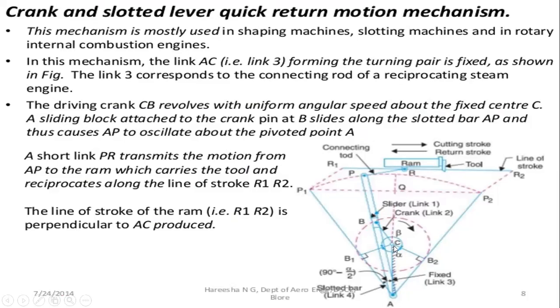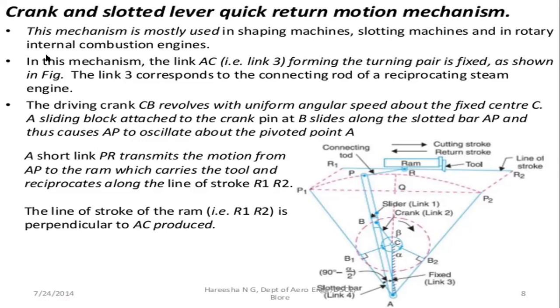So that is attached to the crank, and the link 3 corresponds to the connecting rod of a reciprocating steam engine, and the driving crank CB revolves with uniform angular speed about the fixed center C.